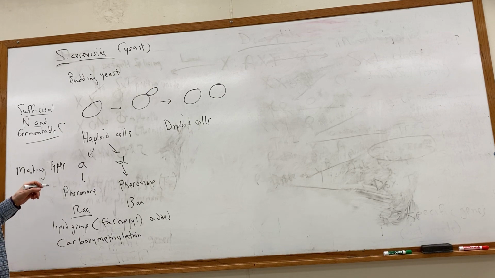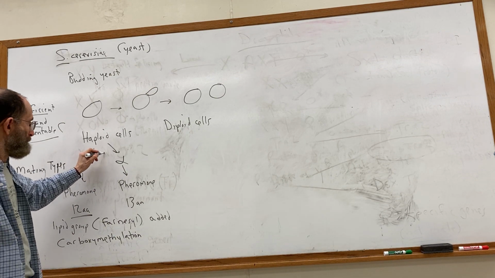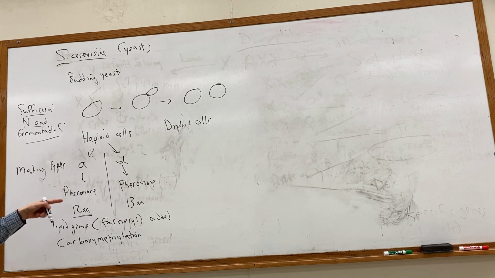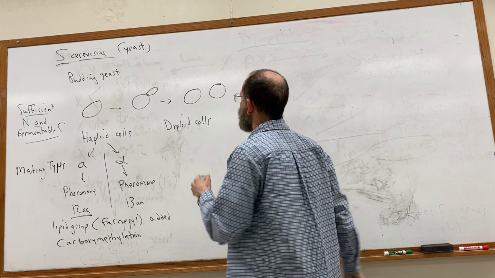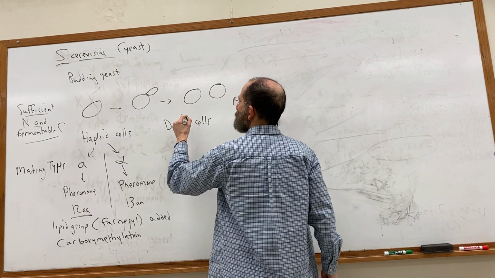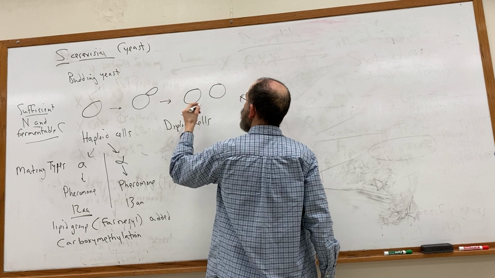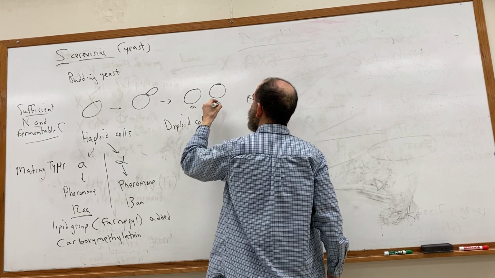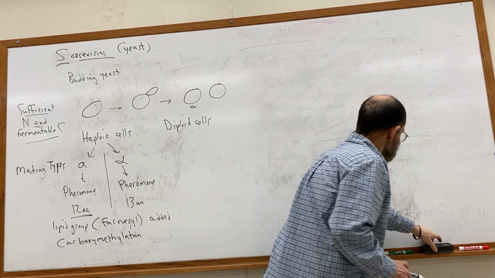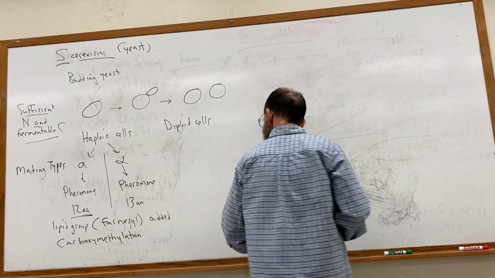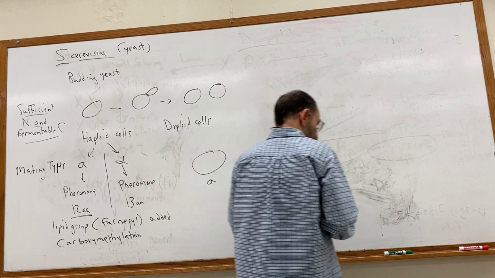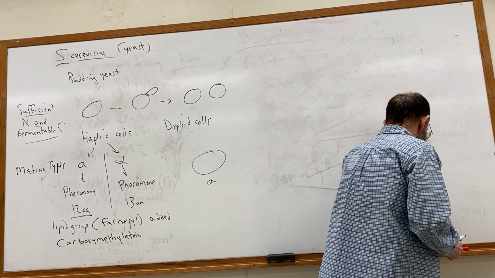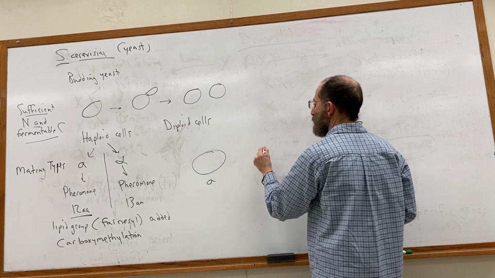So each of these mating types has their own pheromone, and let's say that these are haploid cells. Okay, so here's your A cell, and see if you can see this red, I hope.